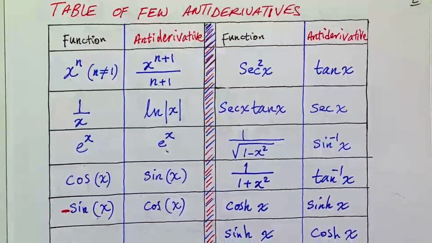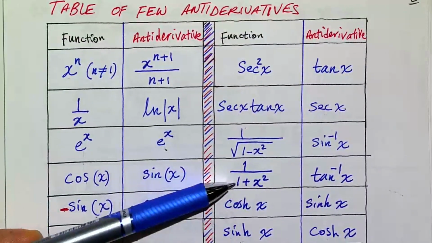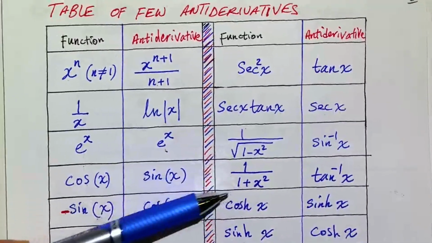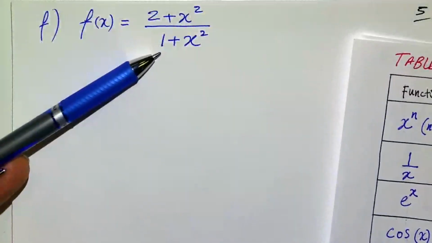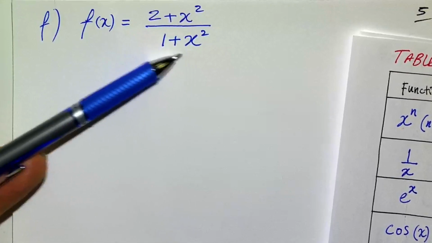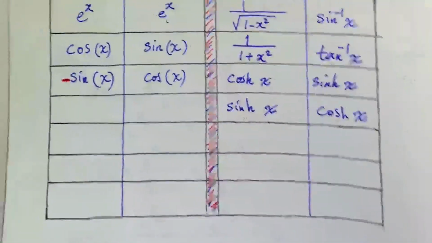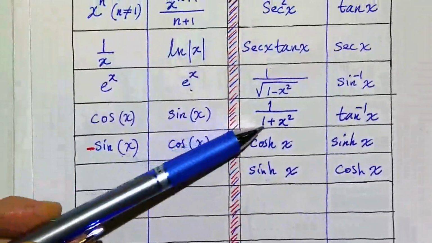So here we have something that at least partly looks like something in the table. The denominator is 1 plus x squared here, and the denominator there is also 1 plus x squared.